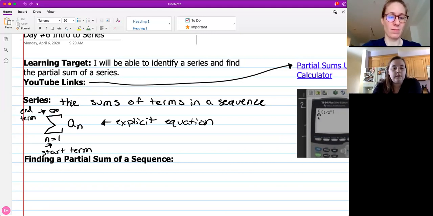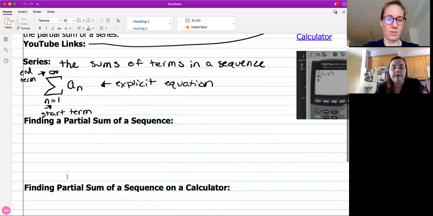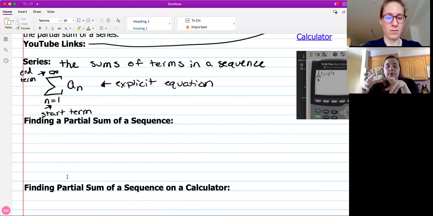Okay, so then to find the partial sum of a sequence, what that means is that we will be taking a specified amount of terms and adding them together. So for example, if we want the fifth partial sum, we would be taking terms 1 through 5, adding them together, and then that one number would be the partial sum of the sequence.